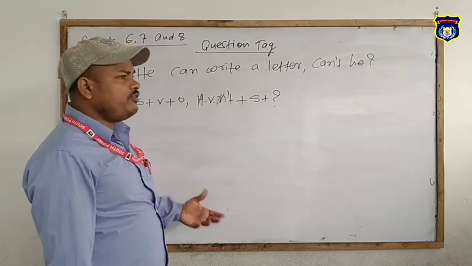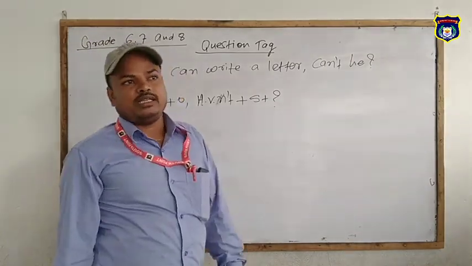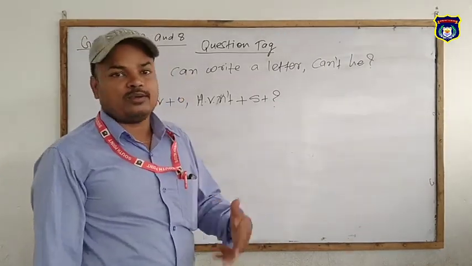But if there are main verbs in the sentences, then how to make the question tag?